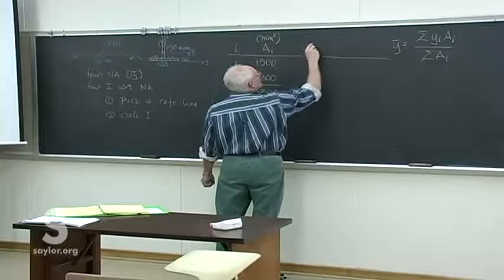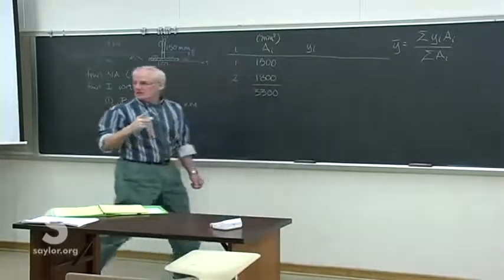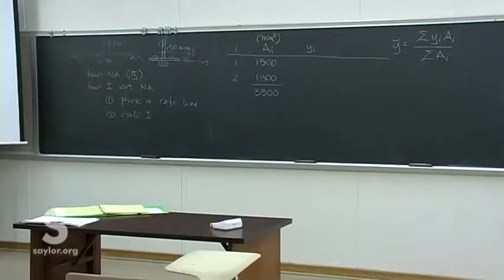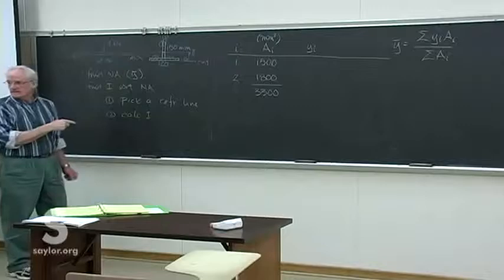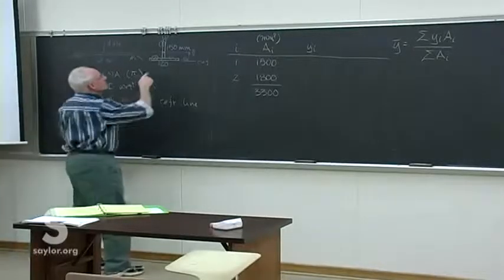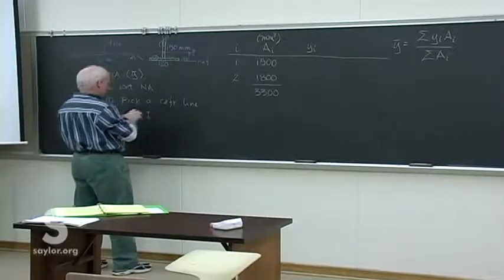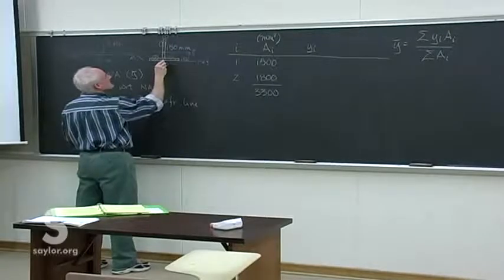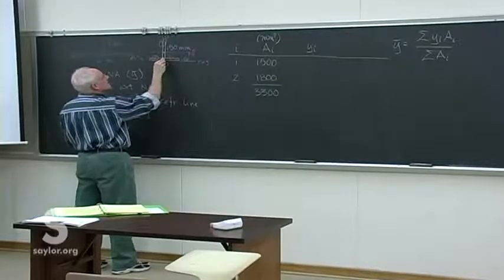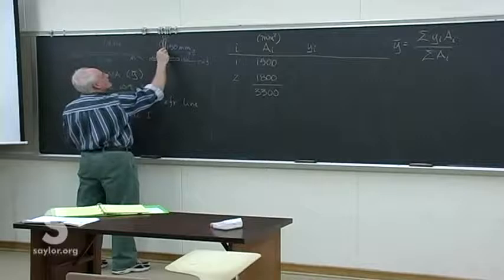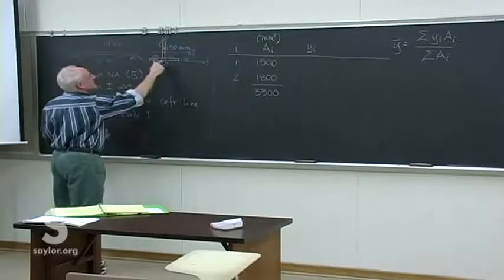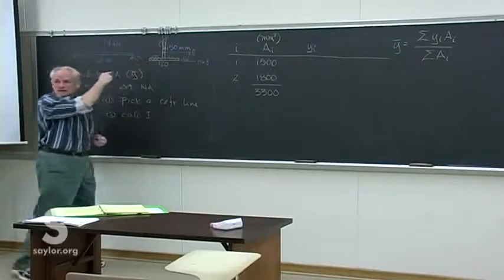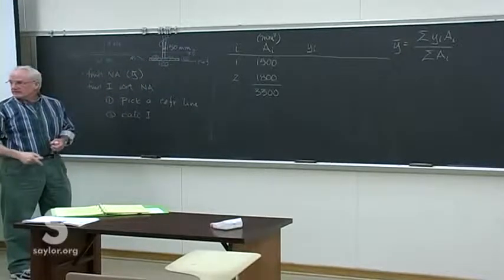Now I need the location of the individual centroids with respect to my reference line. So Y1 is, let's see, a distance of 15 up and then halfway up itself. So what's that? That's 15 plus 75.